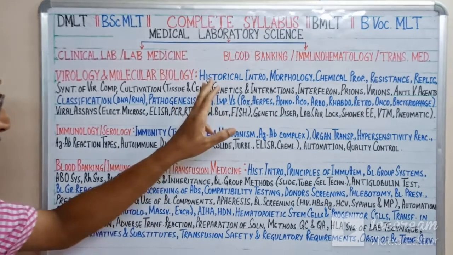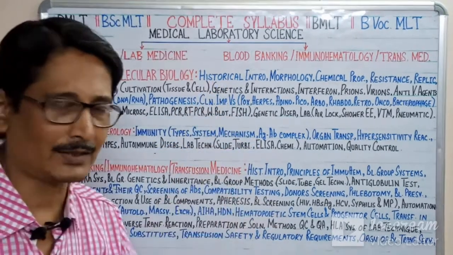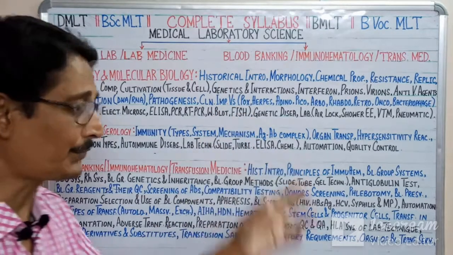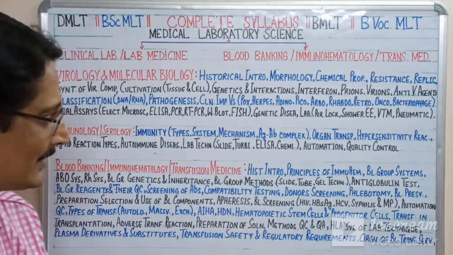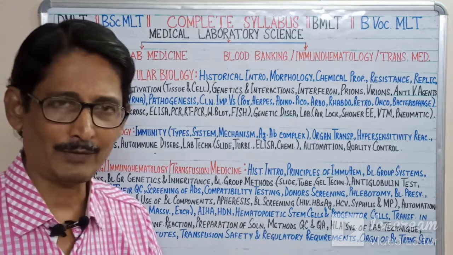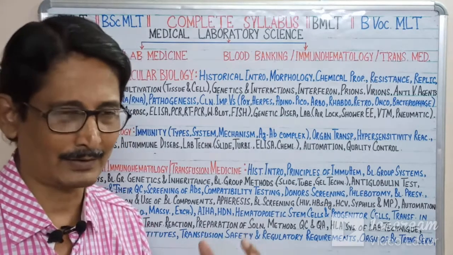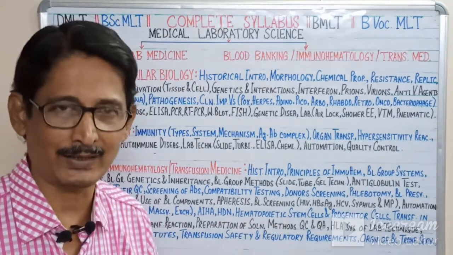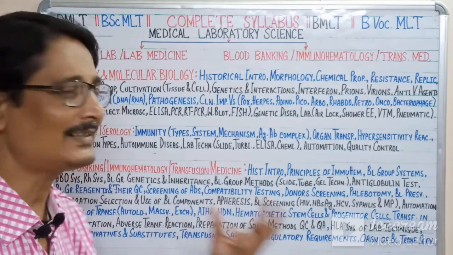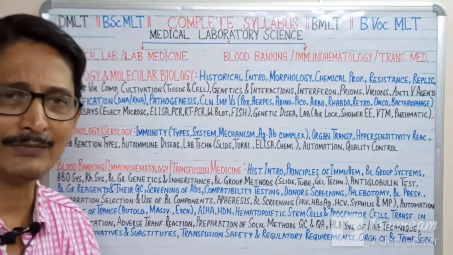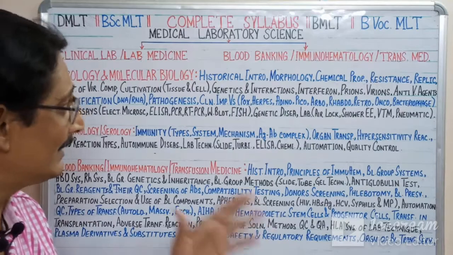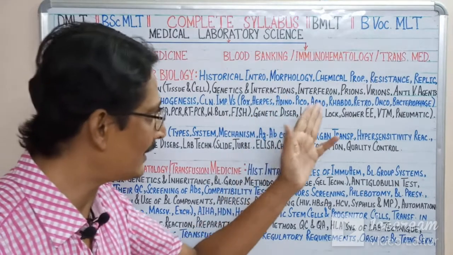Here we have to study the historical introduction of viruses. The morphology of viruses is very important. Like coronavirus, you can't expect that all viruses look alike. Coronavirus is a different type and other viruses look different. This is the morphology that we have to study here.